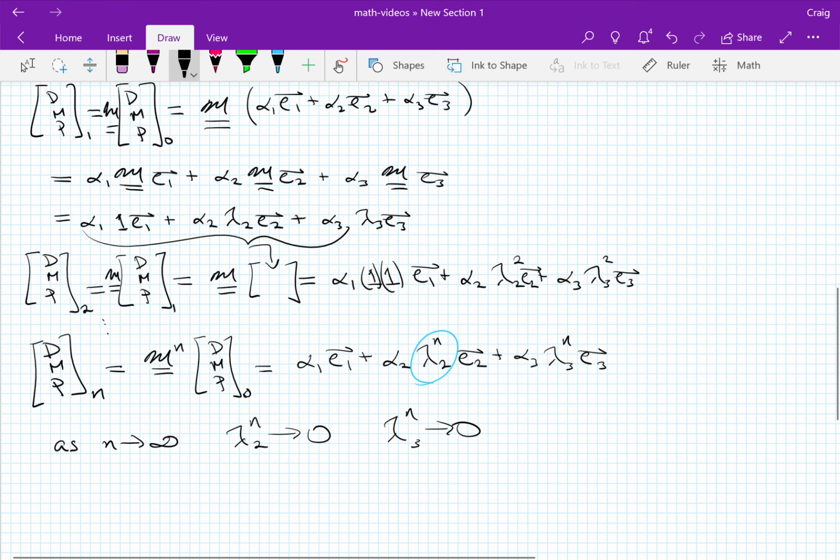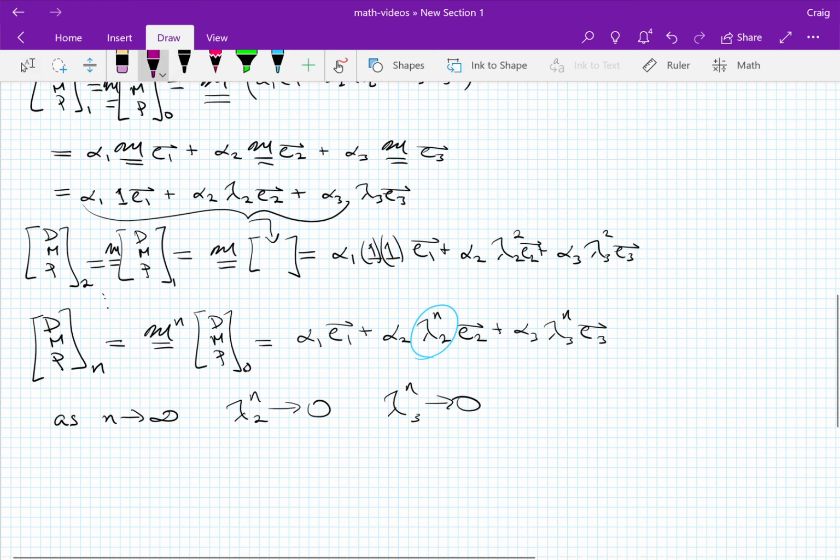And so the whole population is going to tend to just E1 times alpha 1 as n goes to infinity.